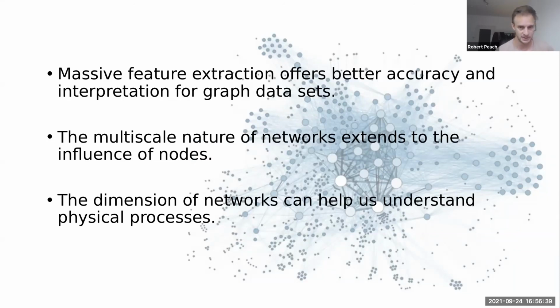The multi-scale nature of networks extends to the influence of nodes, and not just to community detection type methods, and the dimension of networks, this abstraction of Euclidean dimension onto discrete domains such as networks, can help us understand physical processes and differentiate between different node types, for example.